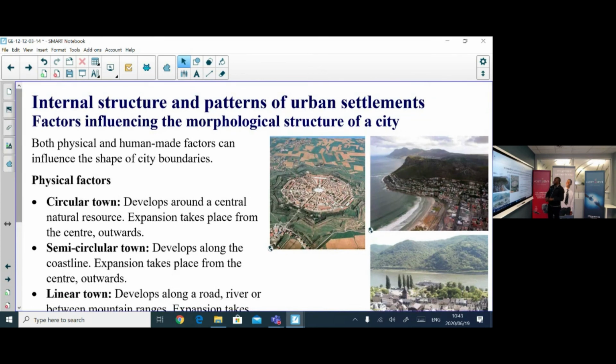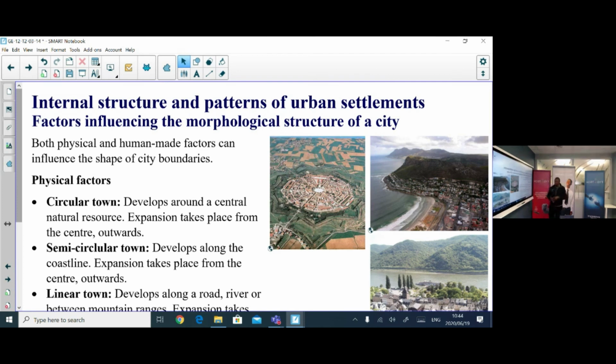This is the internal structure and the factors influencing the morphological structure of a city, continued. Both physical and human-made factors can influence the shape of city boundaries. The physical factors are, we've got the circular town. A circular town develops around a central natural source.